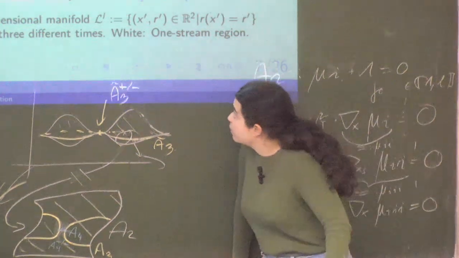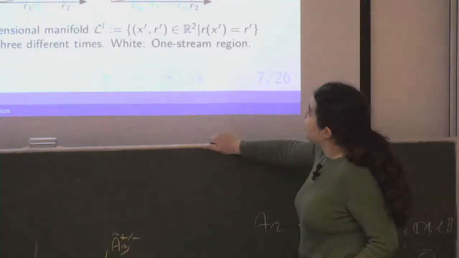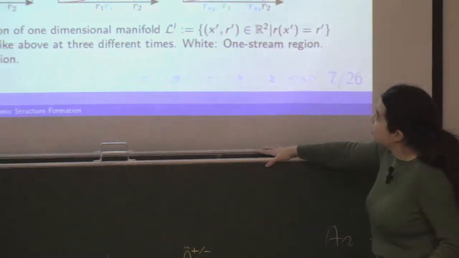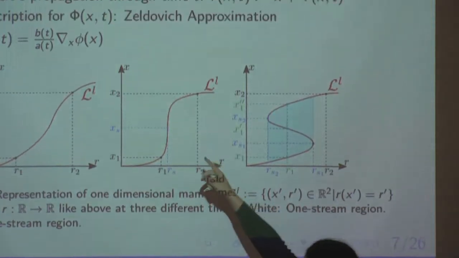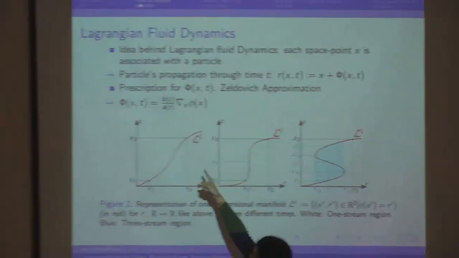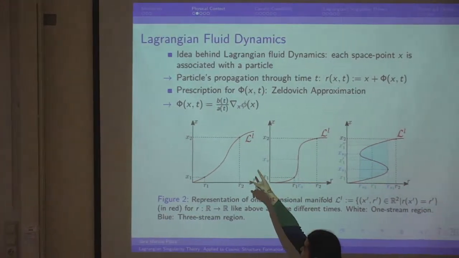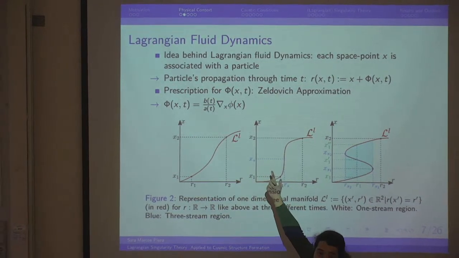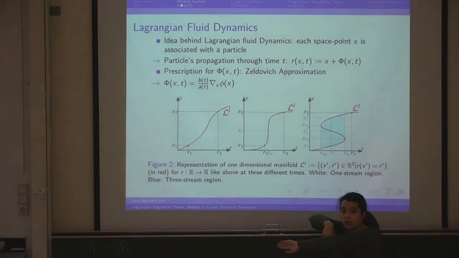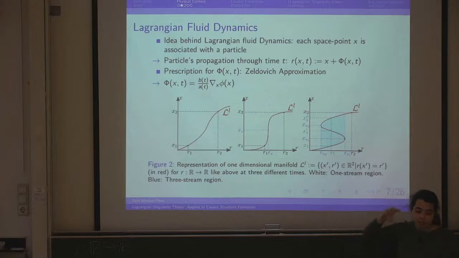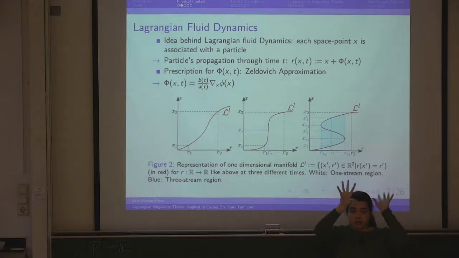So this right here. One characteristic of the Zeldovich approximation is that you say that your phi, the big phi, looks like this. So you have a time-dependent function, and then you have the gradient of a potential. So time and space are factorized. That allows me to essentially have isochrones of space-time. So then I can take a look at space.